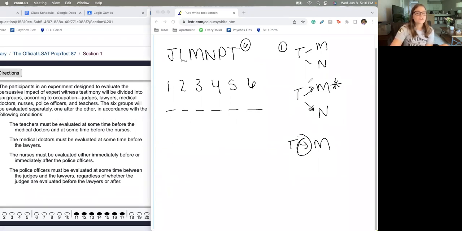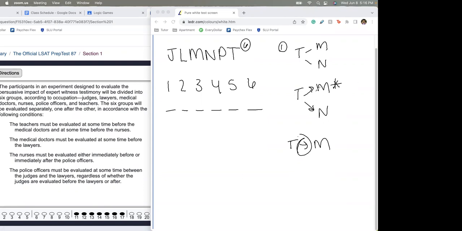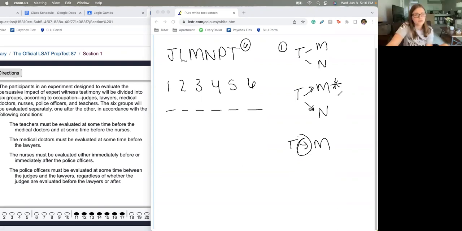And if you start using an arrow in the way you write out your rules here, it's totally fine. It doesn't change the way you interpret the rule, but just know it might get confusing because you might start to look at it as, if I have T, then I'm going to have M and N. So you have this different distinction. Yeah, that makes a lot of sense.